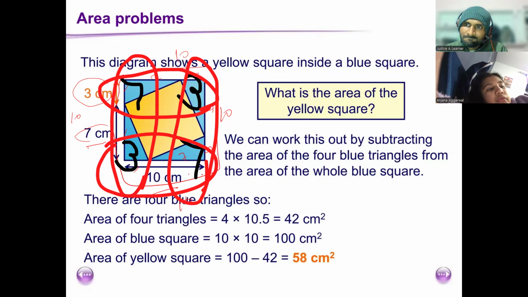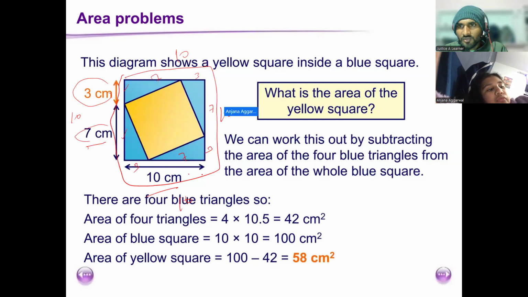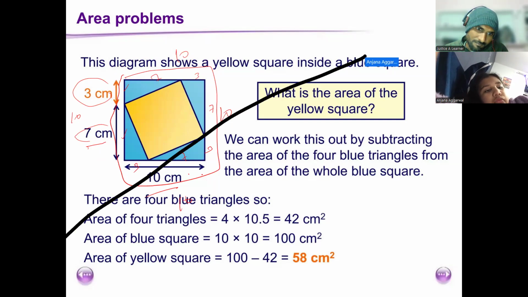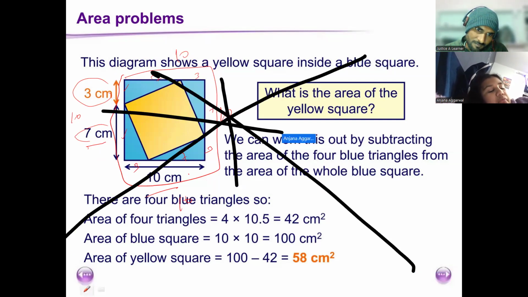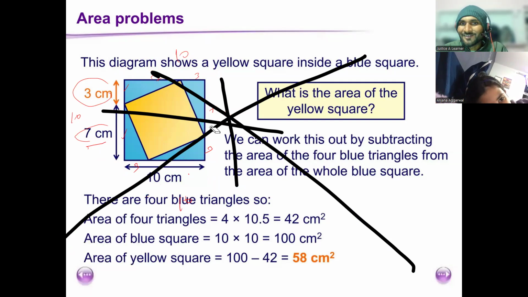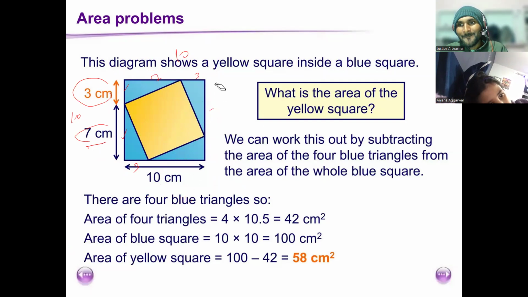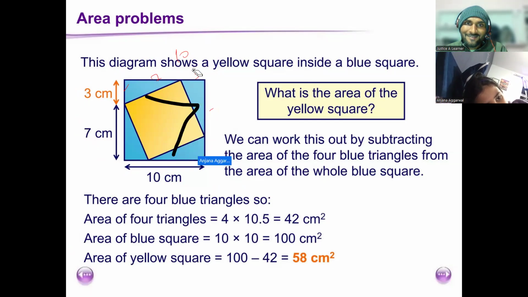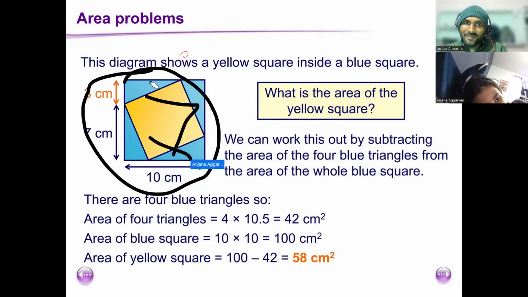Got it? Right. So is there any confusion now in this question? Is it now clear or kind of clear? 7 out of 10.